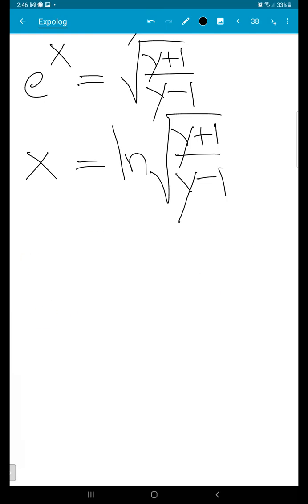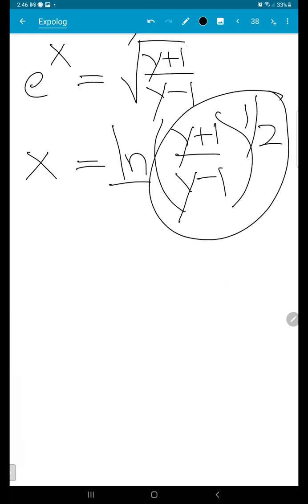Now, this one can be written as to the 1/2. And what the property is saying again is that if you have the logarithm of a power, you can drop the power beside the logarithm.